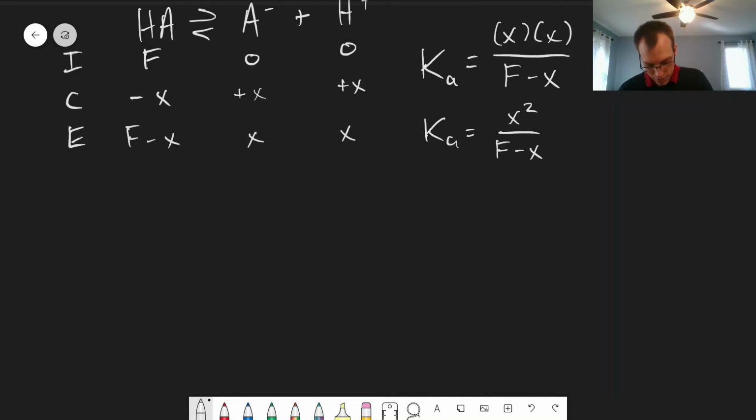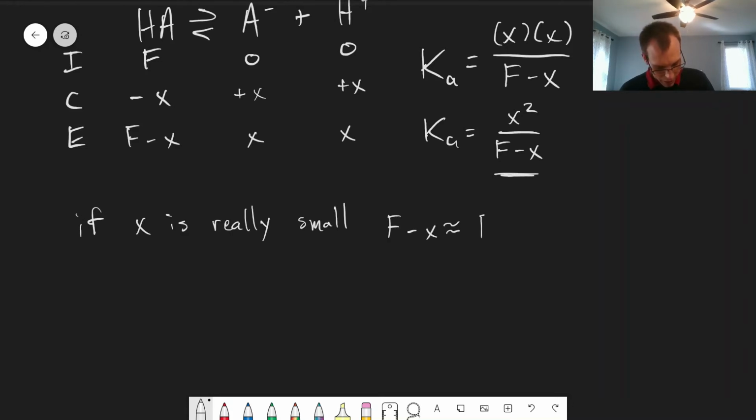And the question is basically this denominator here. If X is really small, then F minus X is going to be about equal to F. And that can simplify this expression even more. We can end up with Ka equals just X squared over F, and then you don't even have to worry about the quadratic formula.